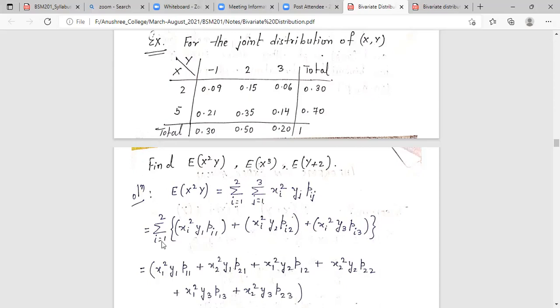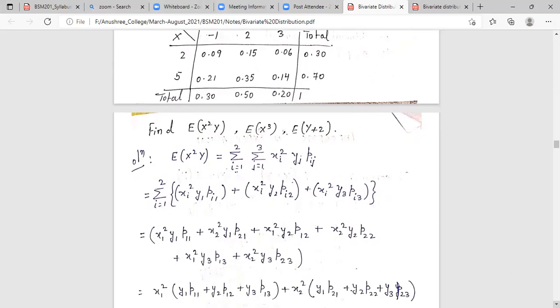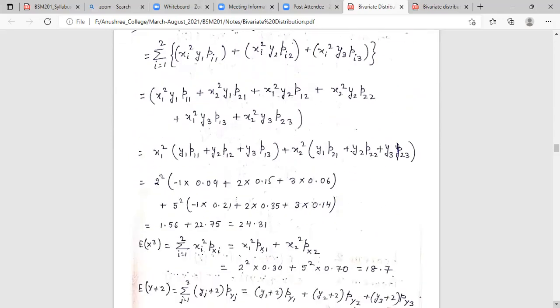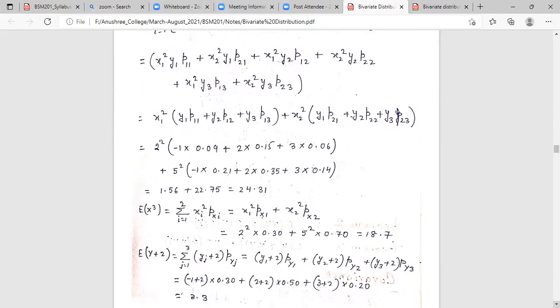First we will take the summation over j, and then we will go for i. Taking the summation over j, we will put in the values of j, P11, P12, P21, P22 like this, and taking the whole summation we will get the corresponding values.